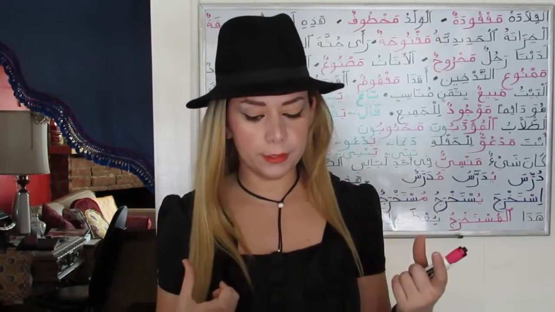For hollow verbs, الفعل الأجوف, the one with the weak radical in its middle, the alif, its passive participle is acquired by the conjugation of the verb in the imperfect indicative, fancy name, or present tense.